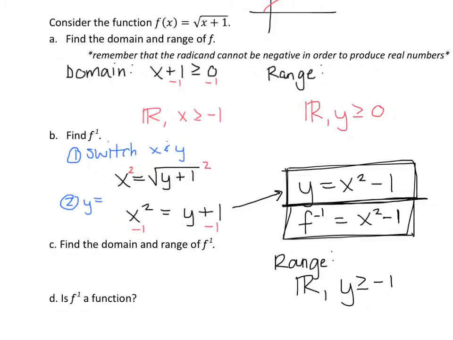So if you want to draw an arrow, a dotted line or something, to kind of show you what happened. Okay, so then the range from the original one gives you the domain of the new one. All real numbers where x is greater than or equal to 0.